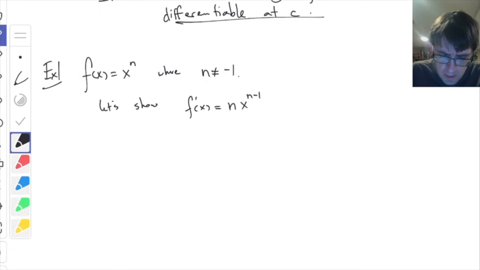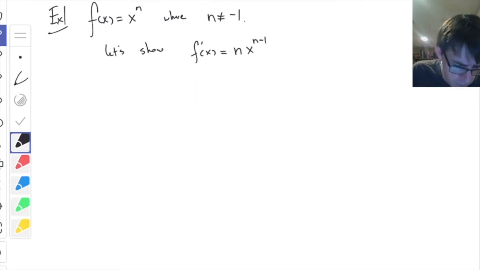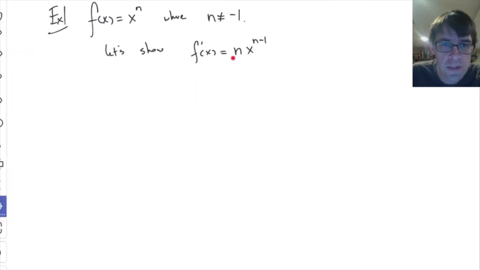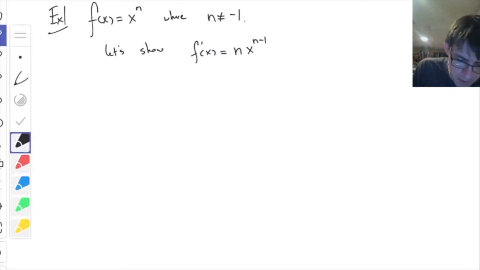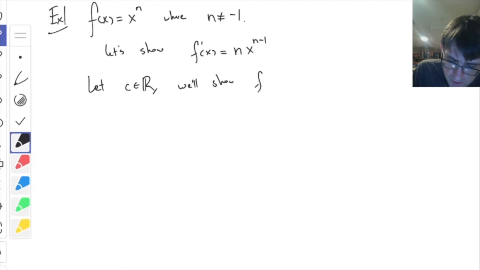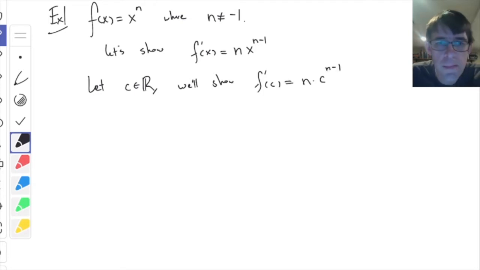It is not incorrect to say f prime of x equals n times x to the n minus 1, but I'm going to let c be any real number, and then we'll show that f prime of c equals n times c to the n minus 1. We have to do this by computing that limit over there.